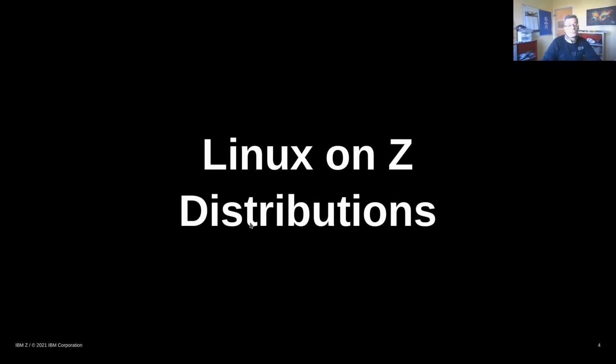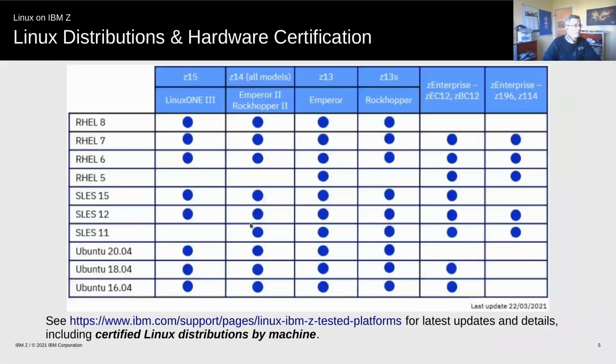First topic, Linux on Z distributions. First off, and this is a terribly important chart in case you're already running Linux on IBM Z, because this chart depicts which Linux on Z distribution supports what hardware level. On the horizontal header at the top, you see all of our IBM Z releases dating back to the z196, which was quite a while ago.